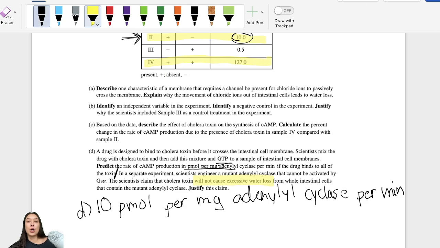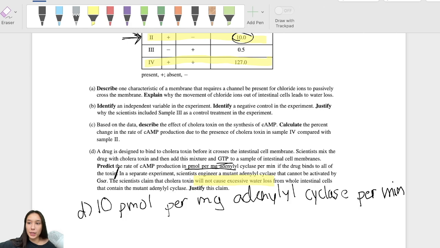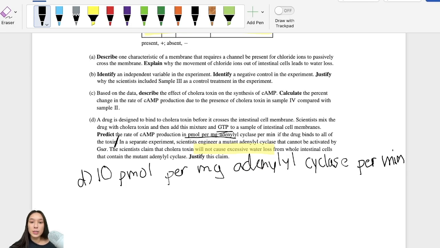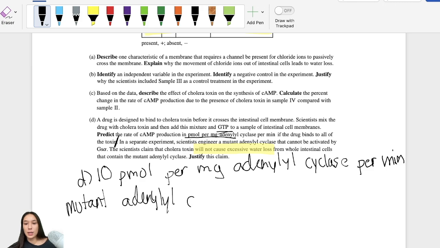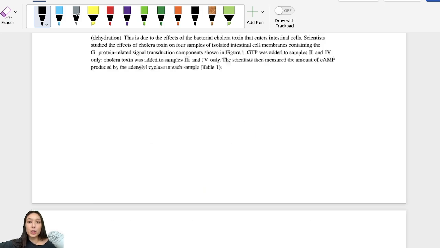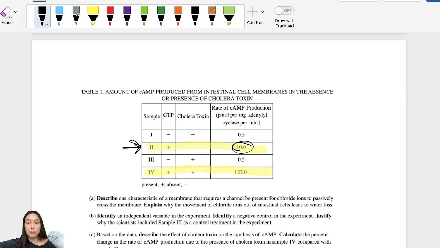Okay, so I'm just going to write down my thought process because this one's a little bit more of an application question. So if it's mutant adenylyl cyclase, it means it's inactive. It's just not going to work. So if my adenylyl cyclase doesn't work, like I said, I'm not going to get cAMP.